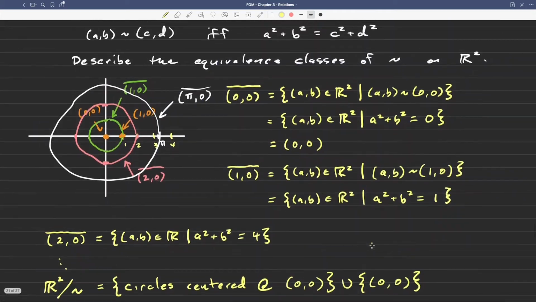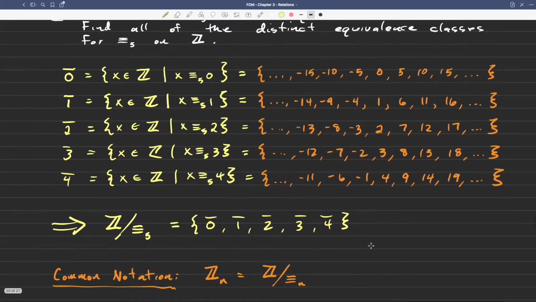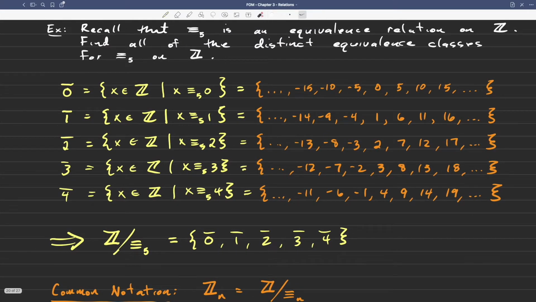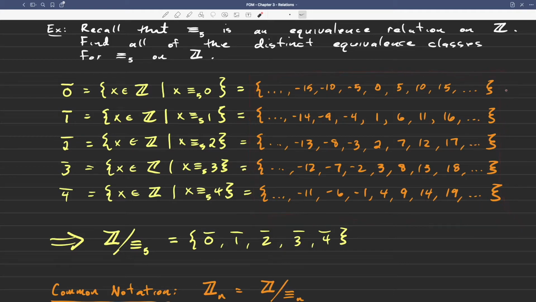The same phenomenon was happening in the previous example. If we took all those equivalence classes when we were doing congruence modulo 5, and we union them together, we get all of the integers. And also we see that each one of these equivalence classes is disjoint from the others, because the first one is the integers that have remainder 0 when you divide by 5, and the second one is where you have remainder 1.